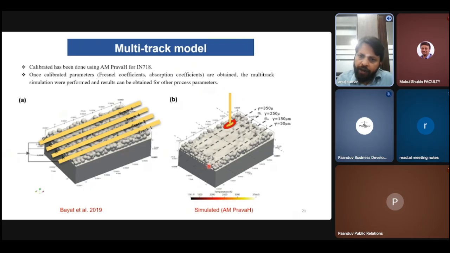Another way is you try to model that process layer by layer in some modeling tool like AM PravaH. So you can actually predict where the lack of fusion can happen, why the microstructure is going to be like that, why the grain size is going to be like that. All these parameters, all these dynamics, you can ascertain, model, and simulate with the modeling tools.